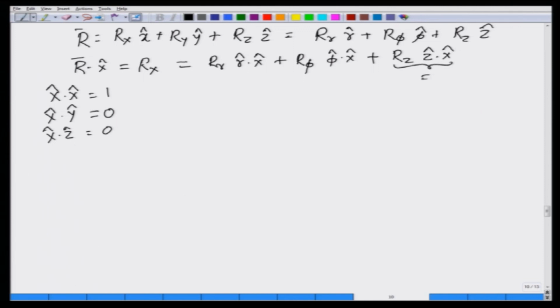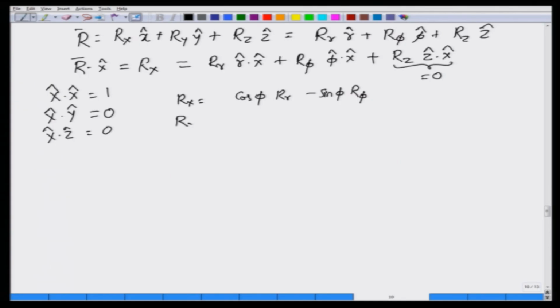This last component is equal to 0. So, rx will be equal to, what is r hat dot x hat? This is nothing but cos phi. So, I have cos phi r_r, and what about phi hat dot x hat? In the previous slide we have already seen that this is equal to minus sin phi. So, this is minus sin phi multiplied by r_phi.